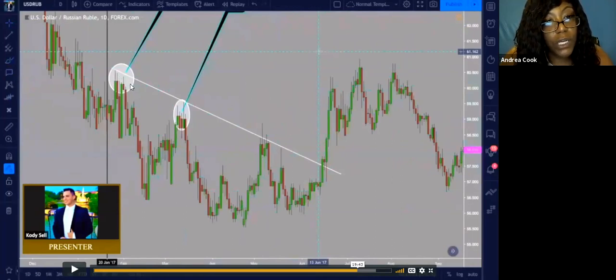So we've got 2 touches. So we draw the trend line, and we're drawing it from the top because price is going down. We want to know when price starts going up, so we know that we're no longer selling. If you were to get in here, as long as price stayed below this line right here, you know to stay in the sale. You have no reason to get out.